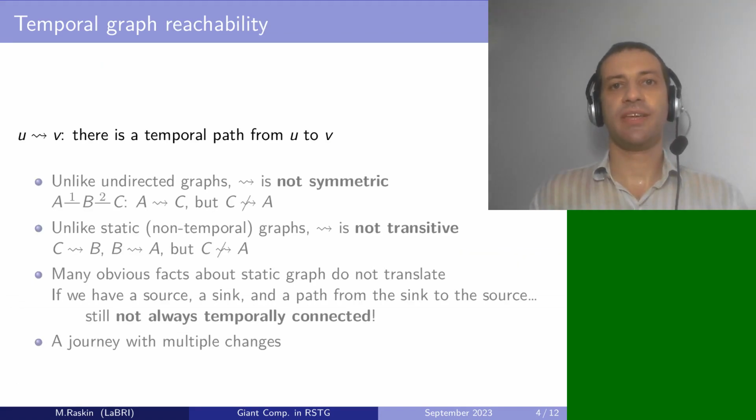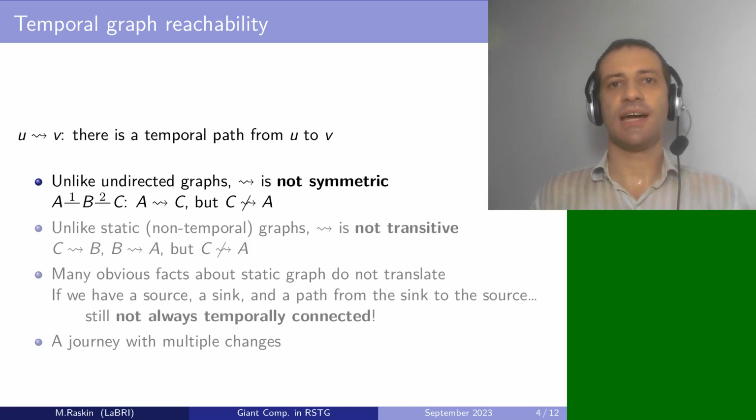The notion we care about a lot is temporal graph reachability. We say that the vertex V can be reached from the vertex U in a temporal graph if there is a temporal path or journey from U to V. Temporal reachability has some interesting properties.